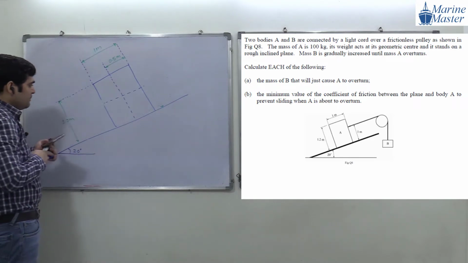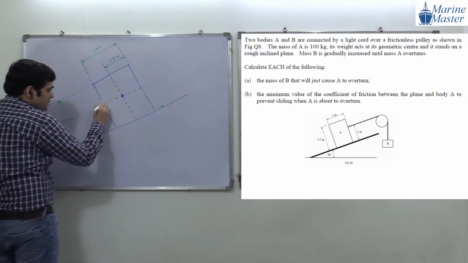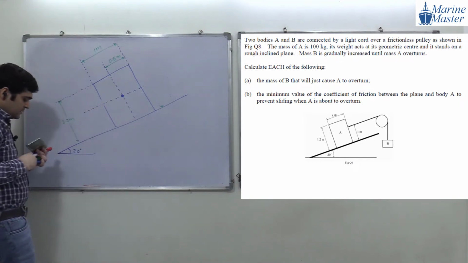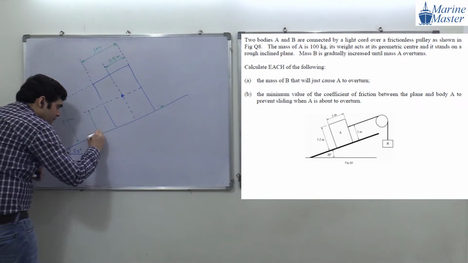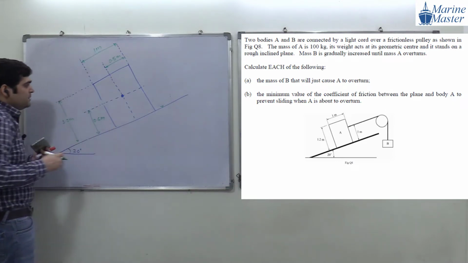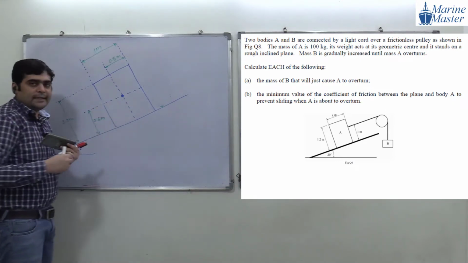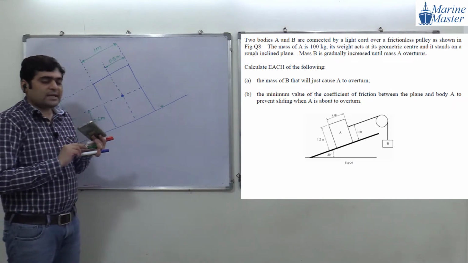Exactly between, so the geometric center is here. This distance will become 0.6 meter. And this is the geometric center. Through the geometric center, what is acting?